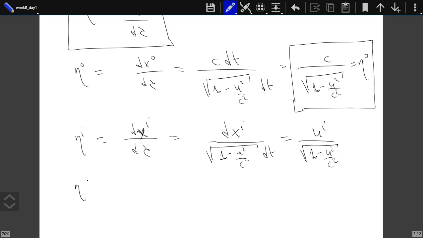Or let me write it in this form: the space components of eta, which is just an ordinary vector that is easy to visualize, are given by the velocity of the object in whichever reference frame you are considering, divided by the square root of 1 minus u squared over c squared.